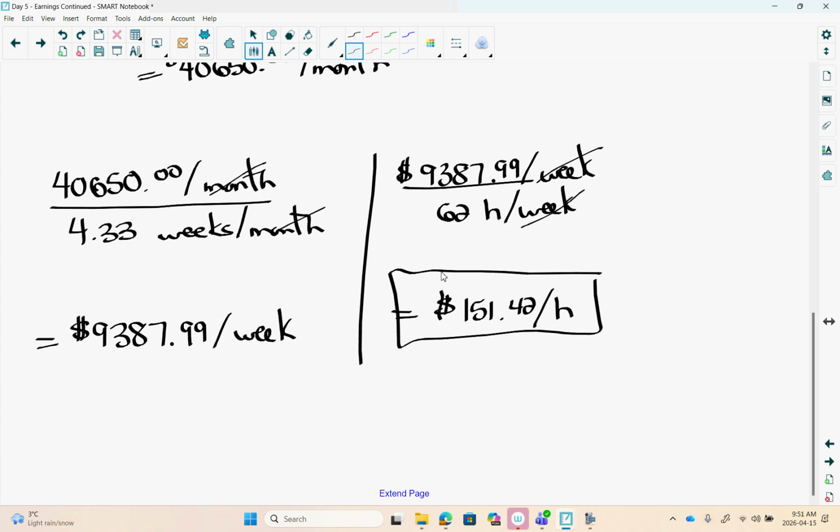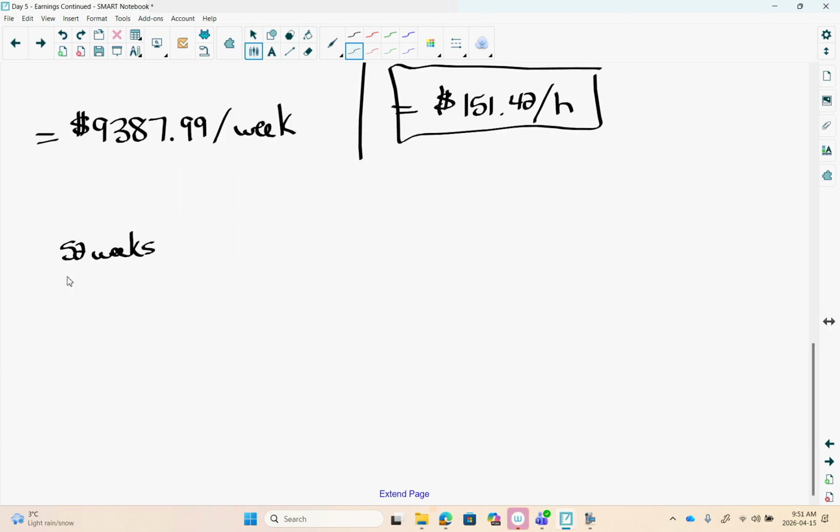Everyone cool with that? Question number 1. Do you remember where this number comes from, the 4.33? It's a rounded figure. I don't care for it. It's because there's 52 weeks per year, and there's 12 months per year. So if you're trying to figure out how many weeks there are in a month, you end up with 52 over 12, which would reduce to 13 over 3.